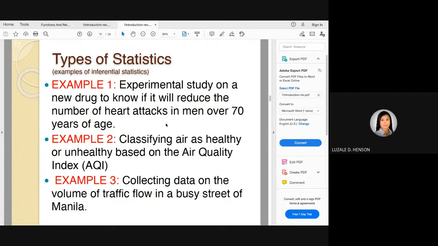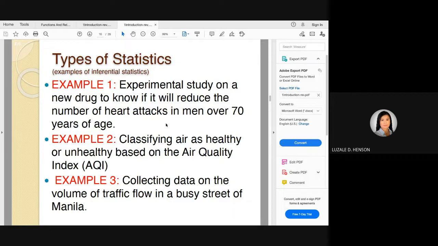Like din sa situation natin ngayon, we have several types of vaccines. And still, even though they're not admitting it, partially, you can say experimental pa rin yan because hindi pa siya fully tested, wala pang historical data, bago pa lang nangyari yung COVID, last two years pa lang siya.